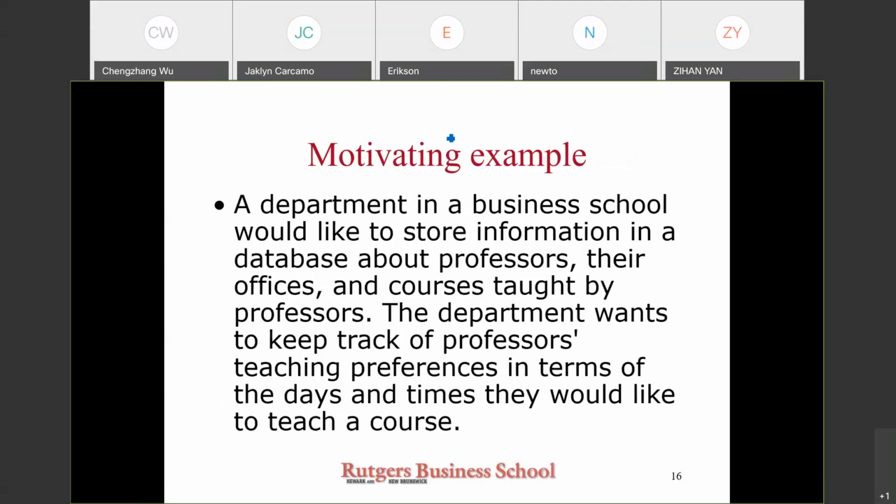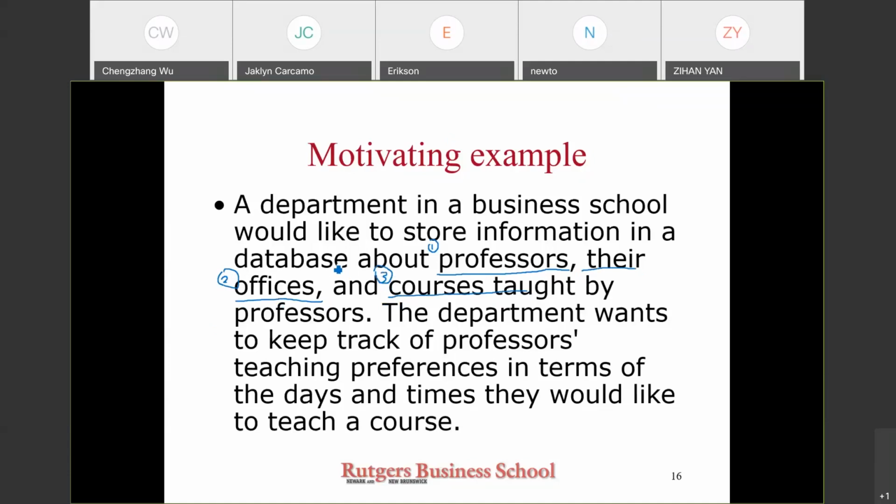Okay, let's turn to an example to illustrate this point. A department in a business school would like to store information in a database about professors, their offices, and courses taught by professor.